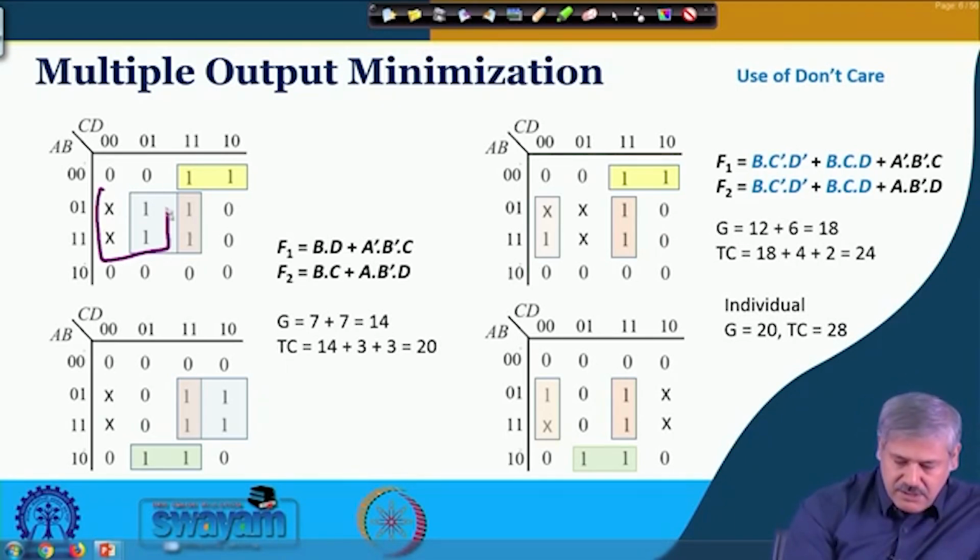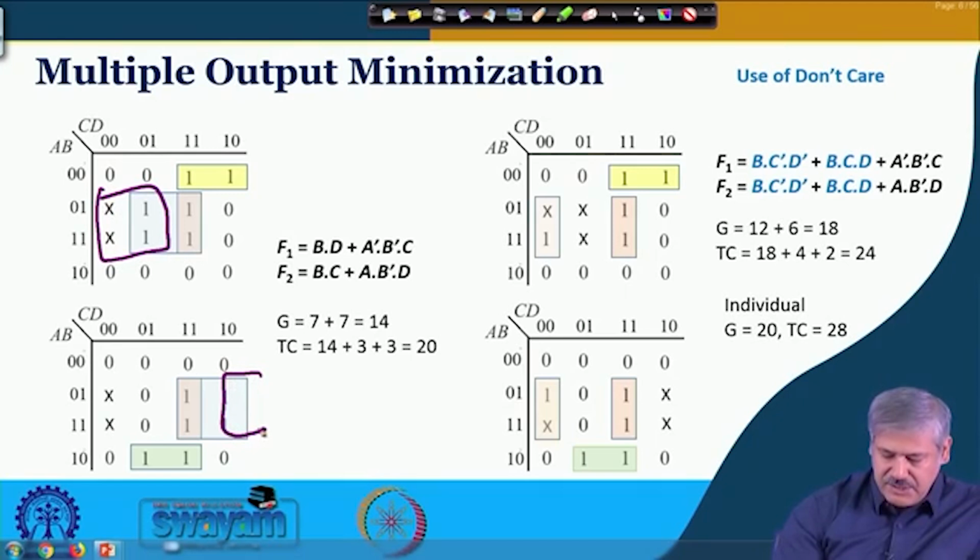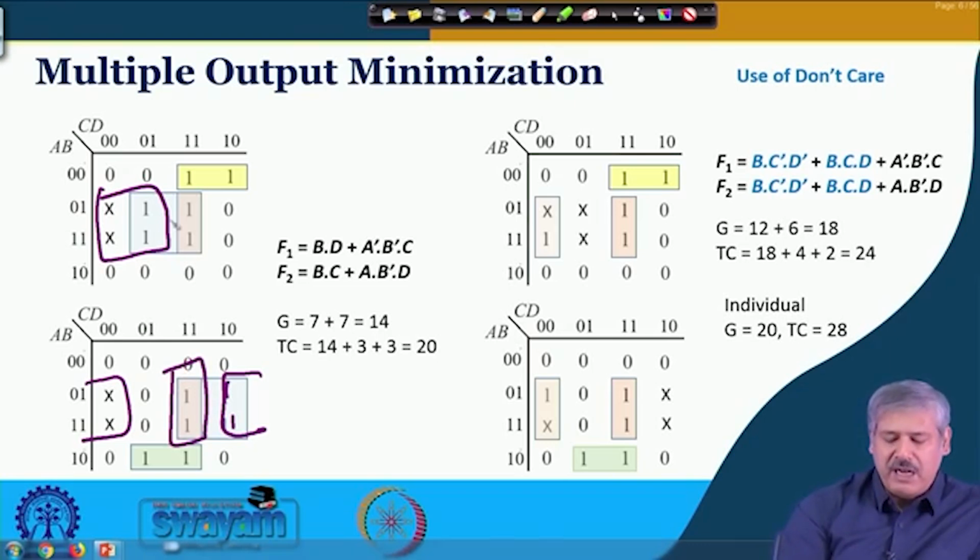One option is this one and this one, there are two ones, and then combining with this one, but that will require additional terms to be generated. So, this is the complexity of a group of 4, this is the complexity of a group of 4, and then a third term which is common, which is of course shared, but each one will require 3 terms. But in this case, these 2 terms are always required, and you are having only one term which is a group of 4 with the same complexity, that is only getting generated.